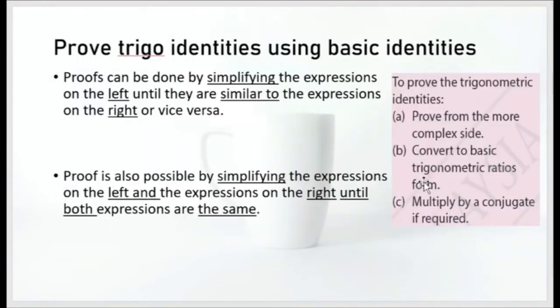Okay, for proving. Prove means we need to prove from the left hand side to the right hand side, or from the right hand side to the left hand side. Now, how are we going to prove that? There are two methods.